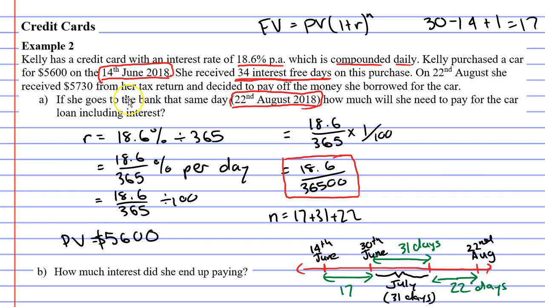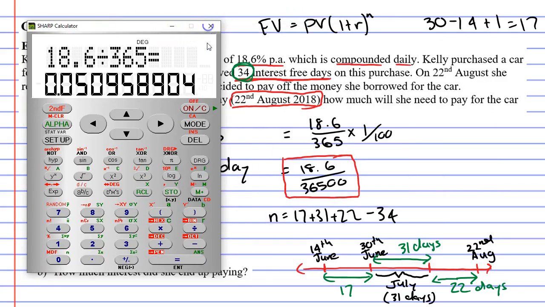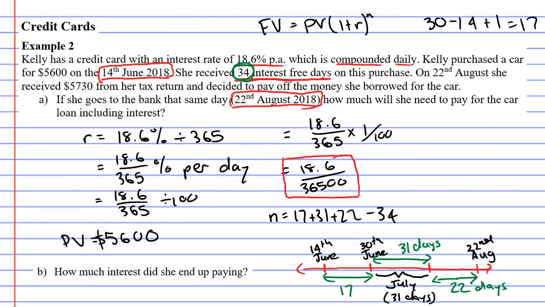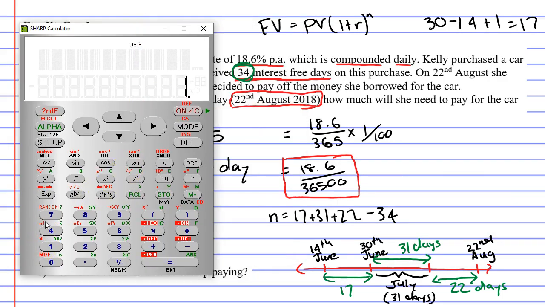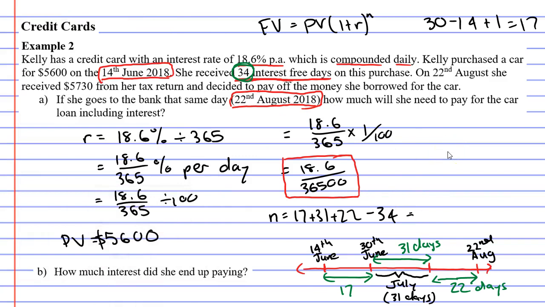Also, we get 34 interest-free days, which means we need to subtract the interest-free days of 34. 17 plus 31 plus 22 minus 34 equals 36. So we're going to get charged interest for 36 of these days.